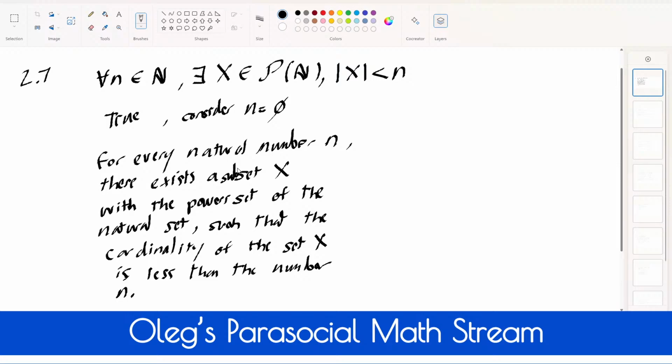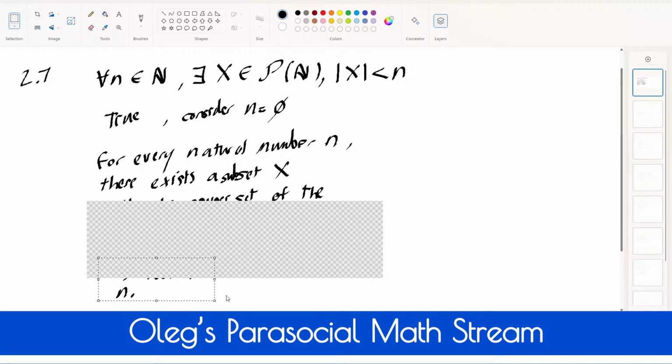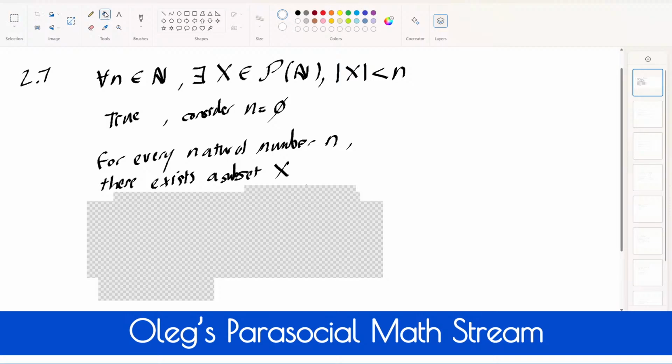For every natural number n, there is a subset X of, take all this out. It was a subset question. That's what I messed up on. Okay, that's fine though. All right, here we go.